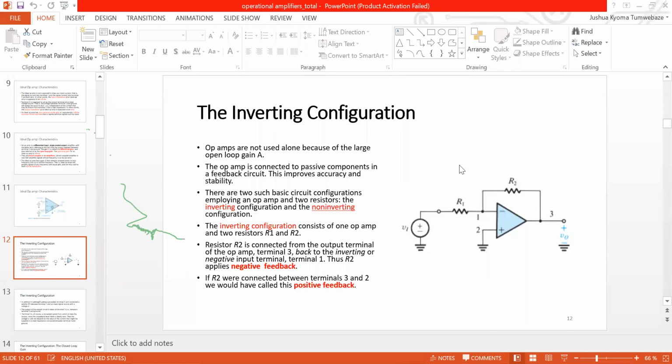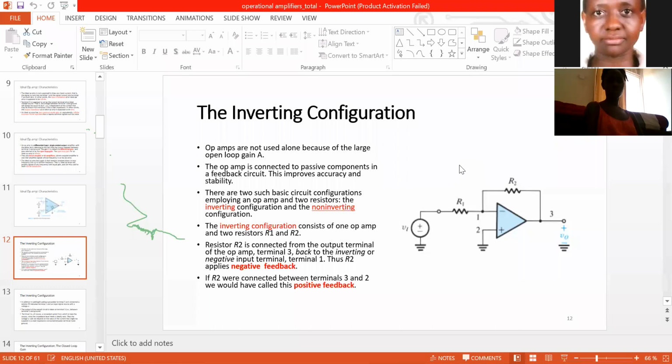We have resistor R1, and then we also have resistor R2. Resistor R2 is connected between terminals 1 and 3. Terminal 1 is an input terminal, while terminal 3 is an output terminal.